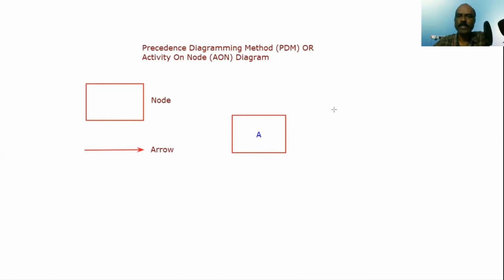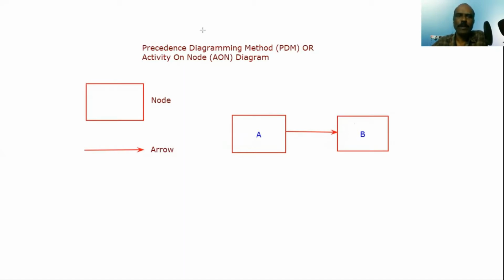Let's say I have another activity, activity B. Now, if I know that activity B cannot start until activity A is completed, then I can show the relationship between these two activities by drawing an arrow between them. So what it says is, A must be completed first, then only B can start. If A is not completed, B cannot start.